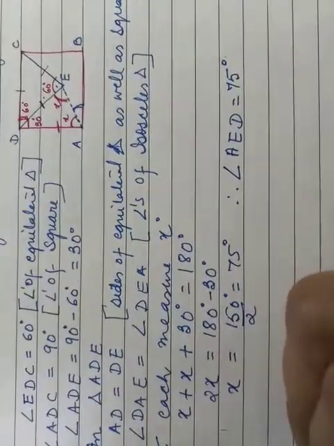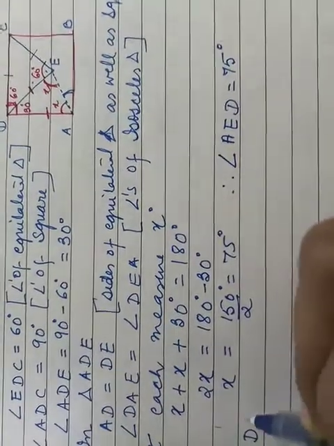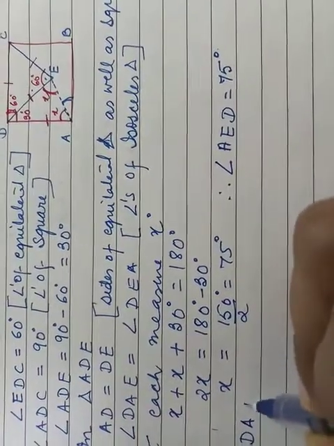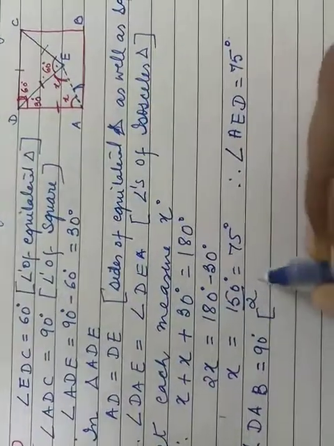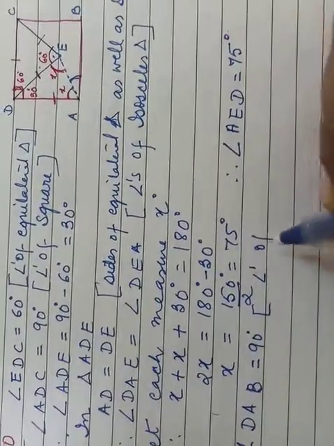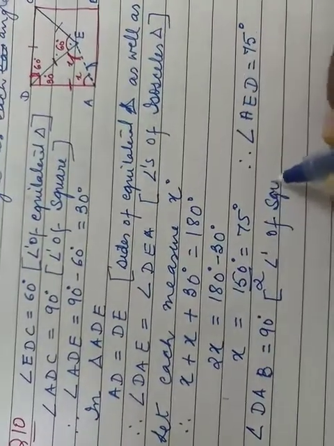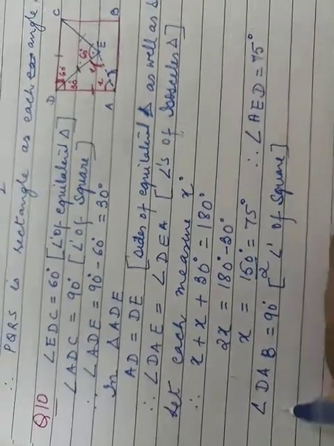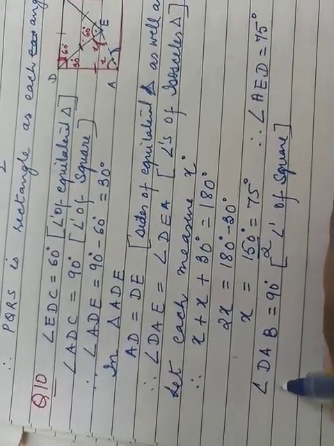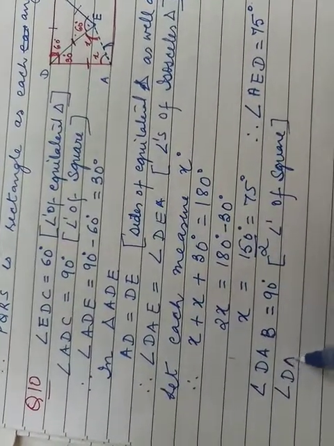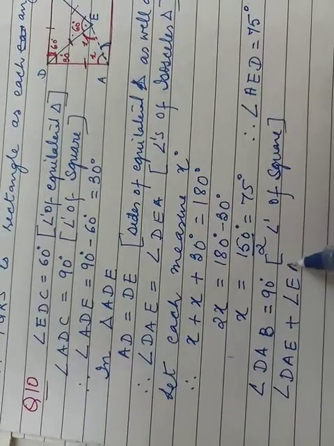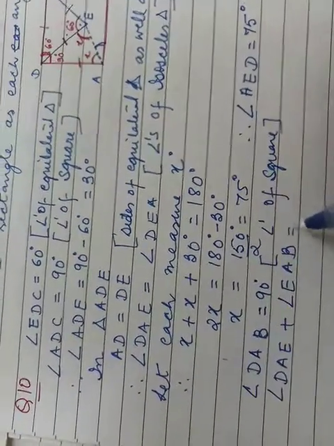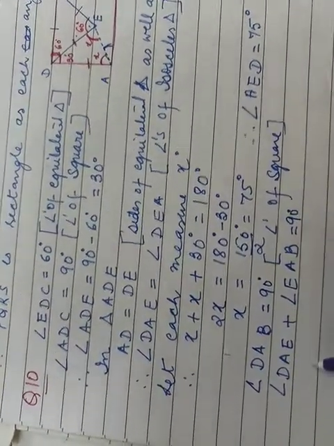So, how are we going to write? Angle DAB is equal to 90 degree. Reason, angle of square. And DAB comprises of two parts, that is angle DAE plus angle EAB is equal to 90 degree.